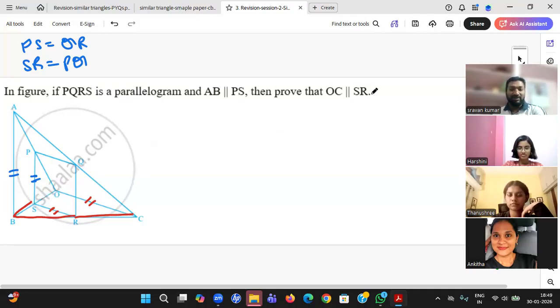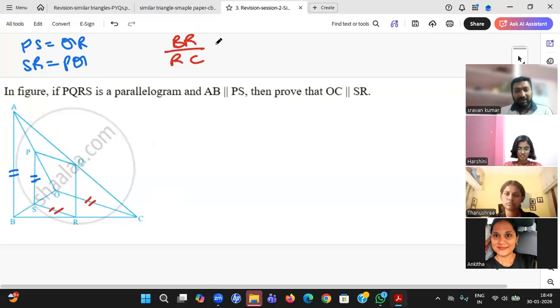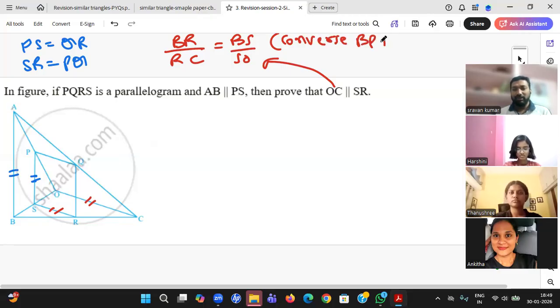So ultimately I need to prove BR by RC equal to BS by SO. By converse BPT, this statement is valid. So if I prove this statement, then it is fine. Understood, Ankita?